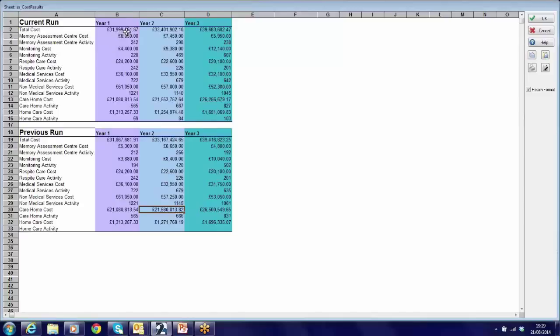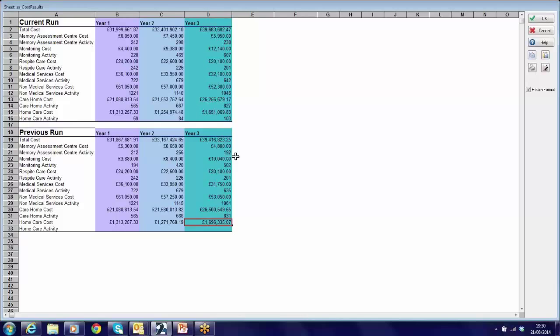And what we can see from the current run is that our total costs are slightly more in year 1. And we can have a look at how different people are using those services and what state they're in.